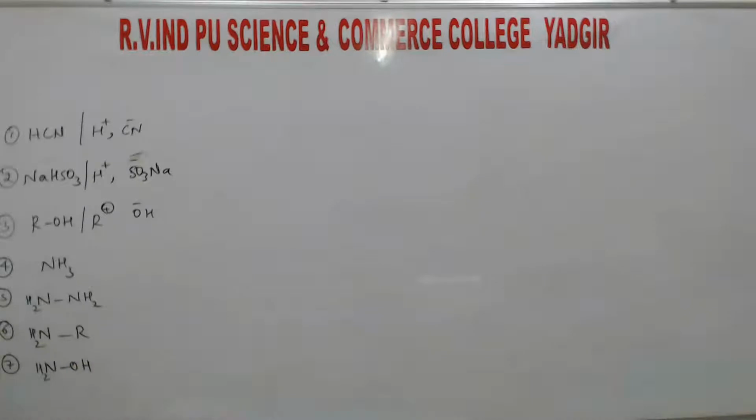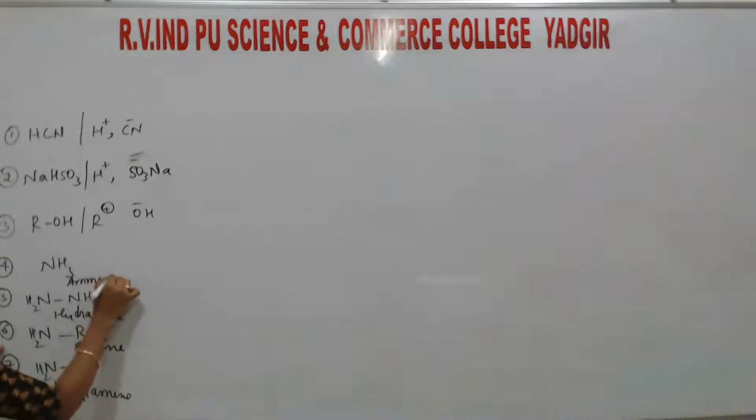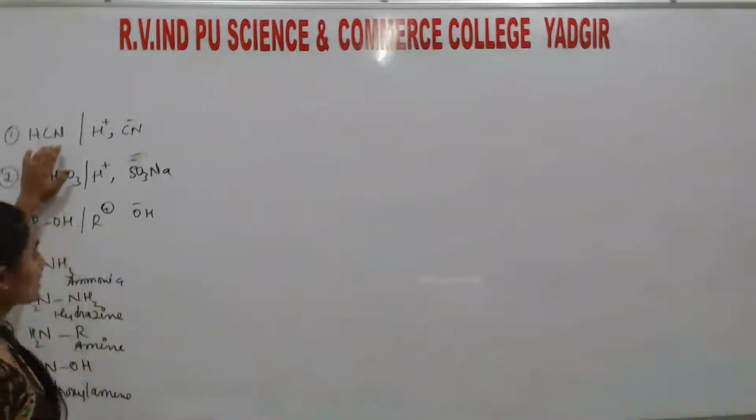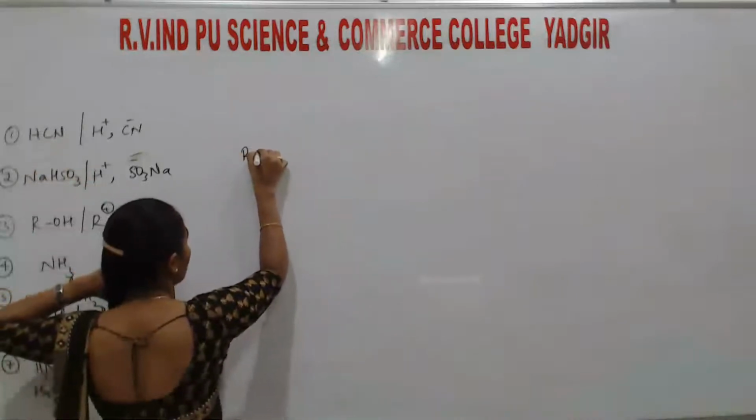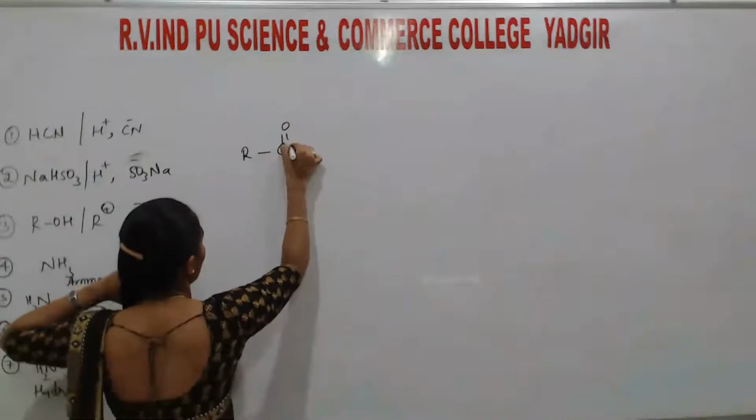This one is hydroxylamine, this one is amine, this one is hydrazine, this one is ammonia. Remember, these reactions are different. Later I will explain. So I will take the example of R, C double bond O, R.